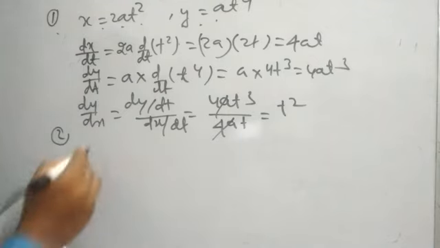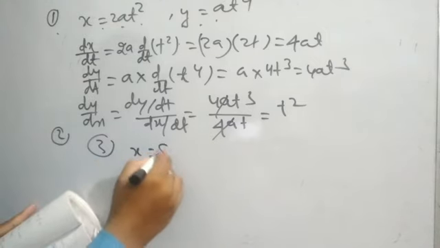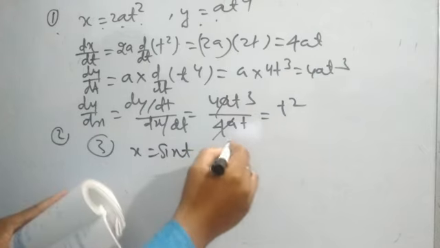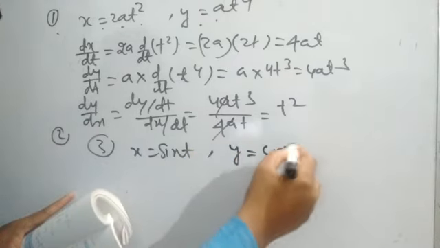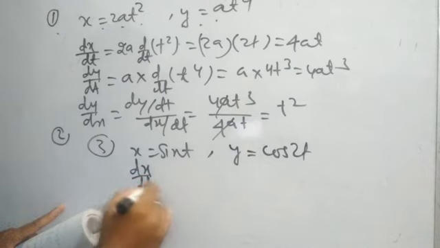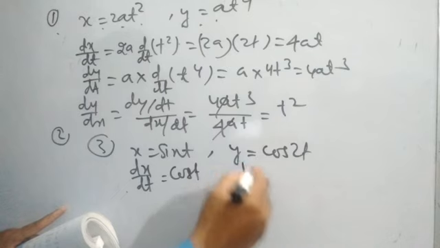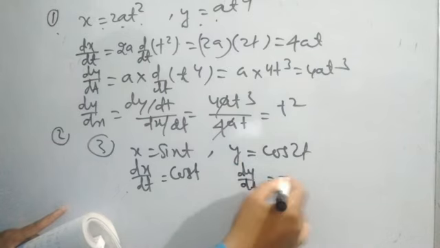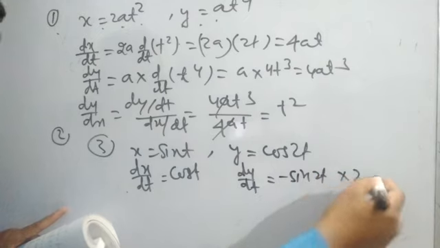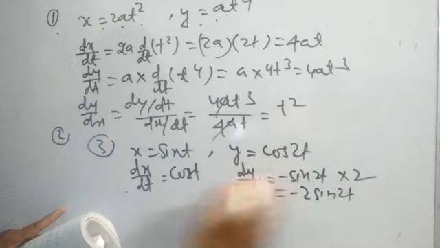Similarly, question number 3, x is equal to sin t, function of t, and y is equal to cos 2t. So dx by dt we will get cos t. You know what is the derivative of y with respect to t? Minus sin 2t into derivative of 2t, which is 2, that is equal to minus 2 sin 2t.